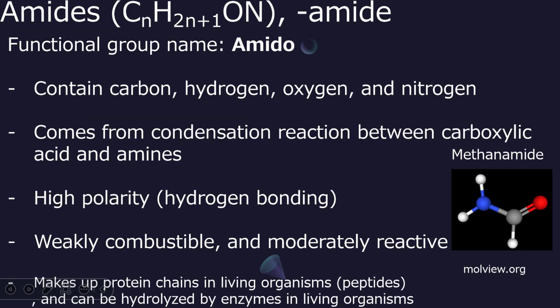Okay, so specifically talk about amide. Amides are CnH2n+1ON general formula, suffix amide. Functional group name amido. These contain carbon, hydrogen, oxygen, and nitrogen. They come from condensation between carboxylic acids and amines. They have high polarity, usually hydrogen bonding, as long as there's an NH bond still remaining.